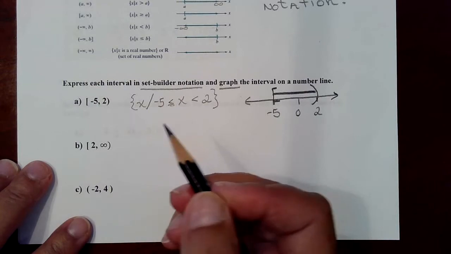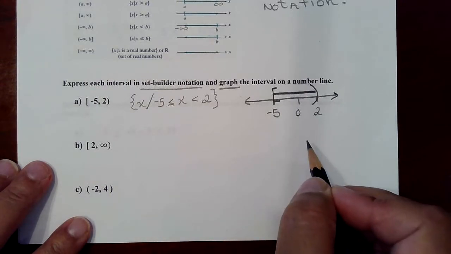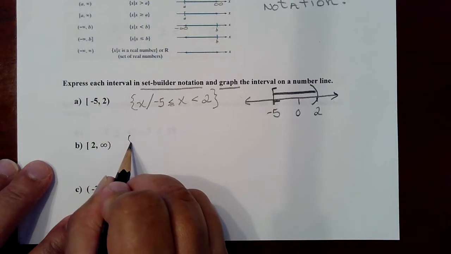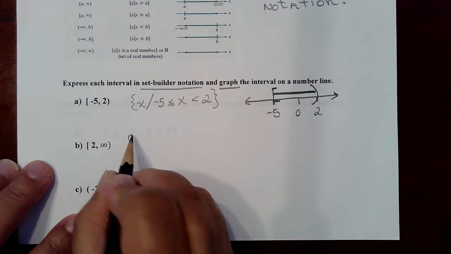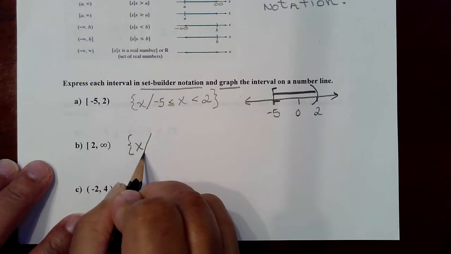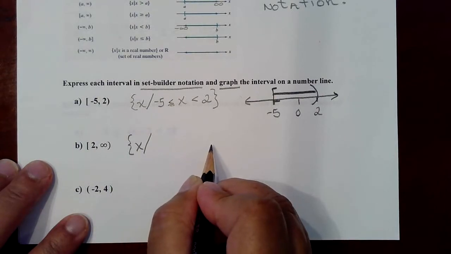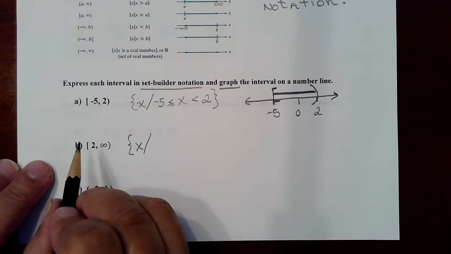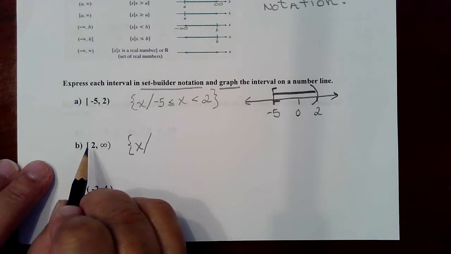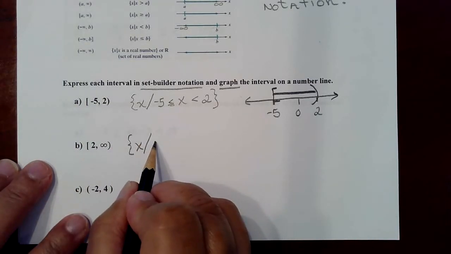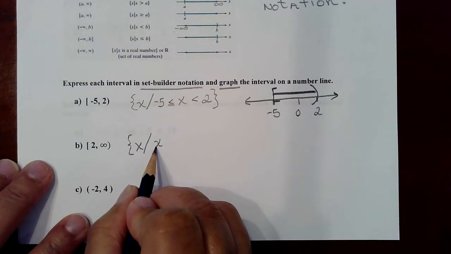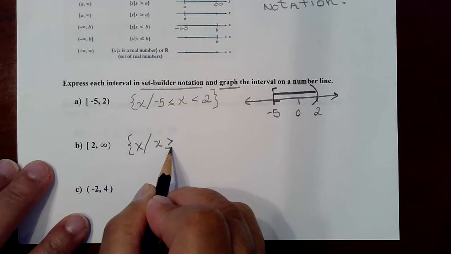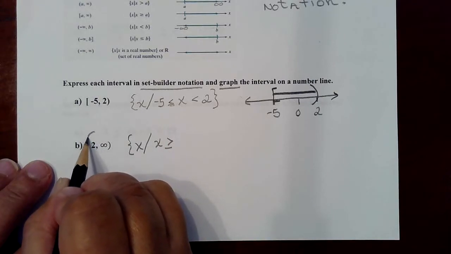It's up to you whether you want to do set builder or the graph first, but if you're going to put this in set builder notation, it's just the set of all values for X such that, and then you're going to describe the conditions for X. So you're describing it right from here. X is 2 or greater. When you're going from 2 to positive infinity, you're hitting all the numbers that are greater. Now I'm going to use a greater than or equal to symbol because of this bracket right here.